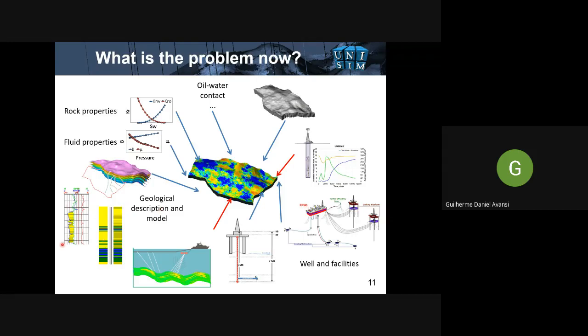With this, we can relate to the core analysis, which gives porosity and also permeability. And sometimes we have seismic, which can be 3D. With this 3D, we can map the faults.